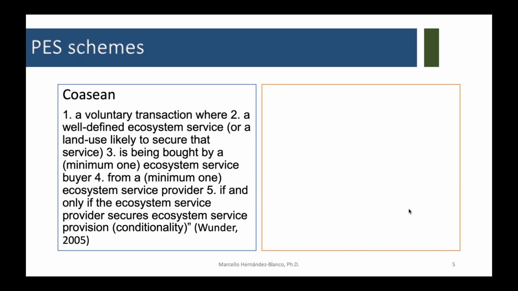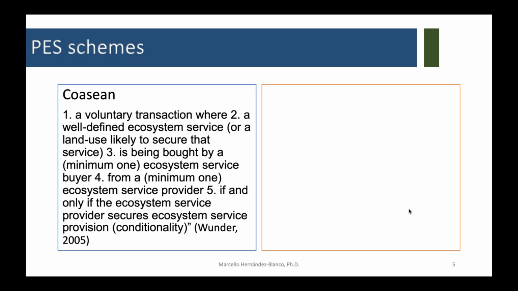Wunder, more than 15 years ago, defined payment for ecosystem services under 5 features or requirements. The first one is that it has to be a voluntary transaction where a well-defined ecosystem service, or land use for example, is being bought by a minimum of one ecosystem service buyer from a minimum of one ecosystem service provider or seller, and only if the provider secures ecosystem service provision.